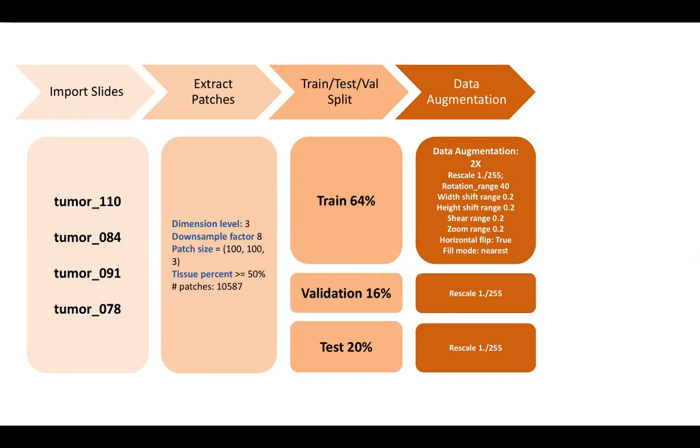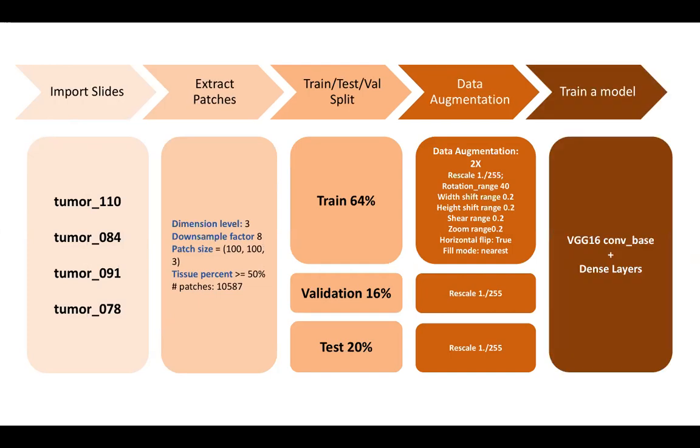I do the rescale, rotation range set to be 40, width shift range 0.2, height shift range 0.2, shear range 0.2, zoom range 0.2, horizontal flip to be true, and fill mode to be nearest. Then I also do the same rescale operation on the validation and test data.